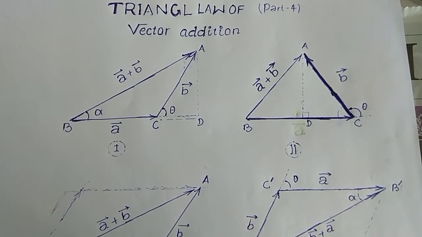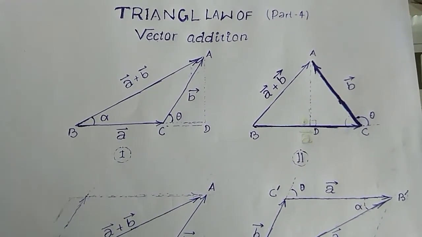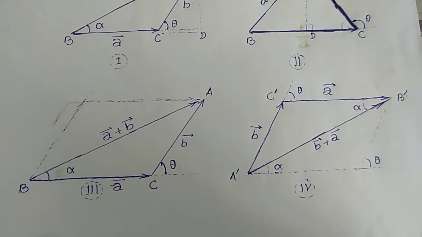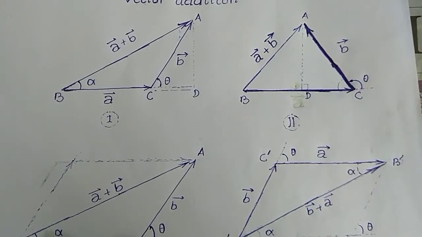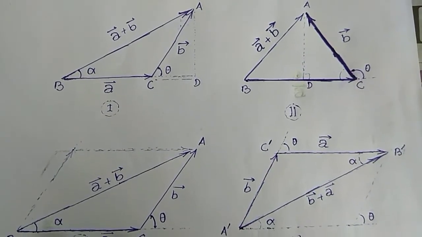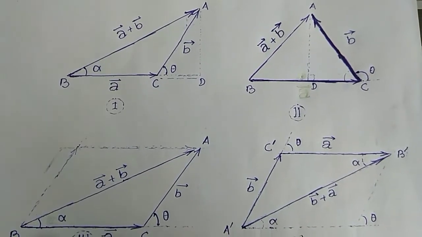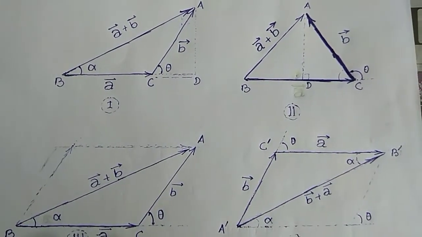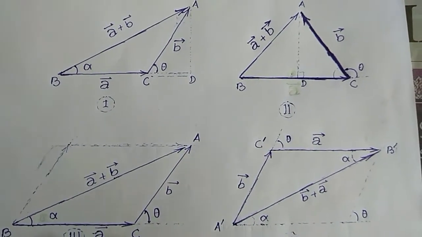It is sometimes also known as the parallelogram law of vector addition or the polygon law of vector addition. Actually, these are not different additions. These are all vector addition.